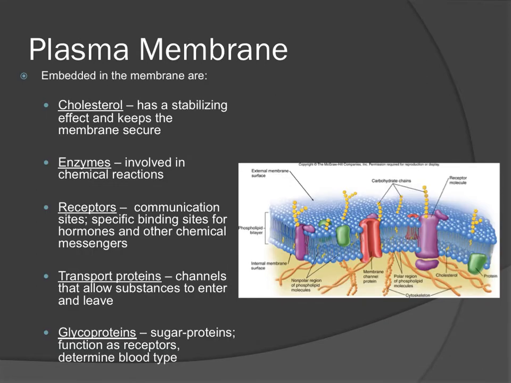Now, the plasma membrane has several things involved in its makeup, I guess you could say, in its framework. And what some of these are cholesterol, and this has a stabilizing effect and keeps the membrane secure. Now, cholesterol maintains the integrity of the membrane.